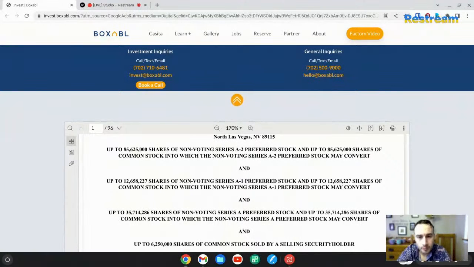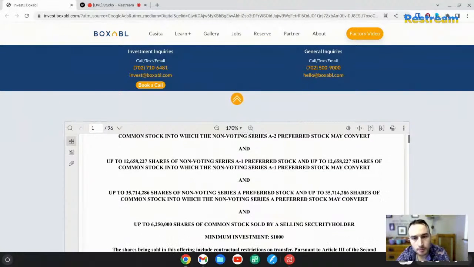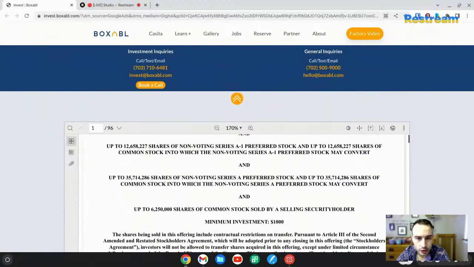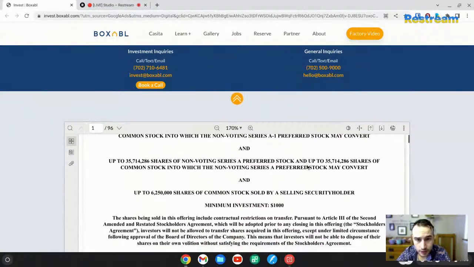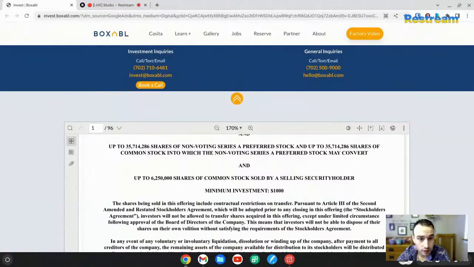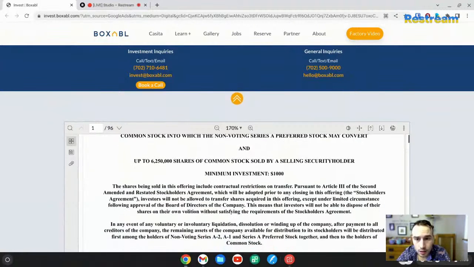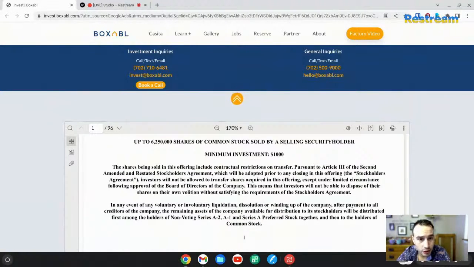Up to 85 million shares of non-voting Series A2 preferred stock, up to 85 million shares of common stock into which non-voting Series A2 may convert, 12 million shares of non-voting A1 preferred stock, into which common stock may convert, 35 million non-voting Series A preferred stock that may convert, up to 6.2 million shares of common stock sold by.